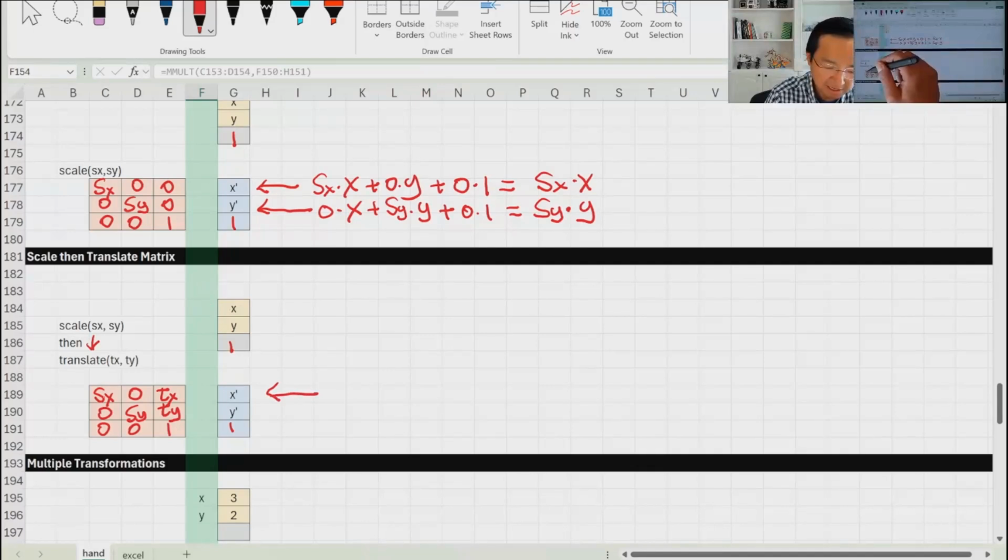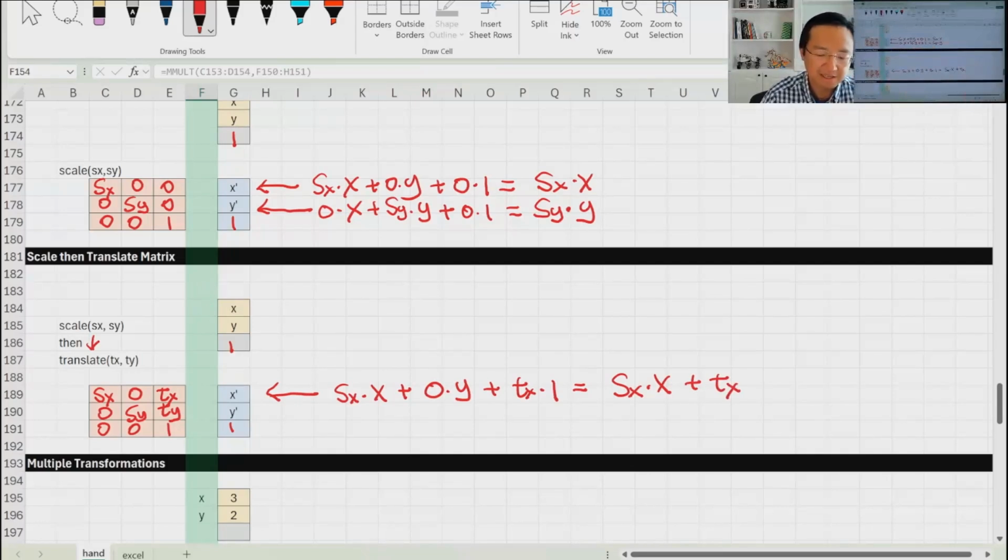So this Sx and x, all right? Sx times x plus 0 times y plus, I'm just going to eyeball. I think I see enough of this, I don't have to, I can do it a bit faster. So Sx times x plus tx, okay? So scale x and add the translation of x. Does it make sense? All right.